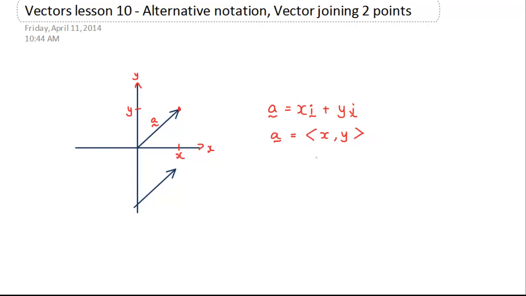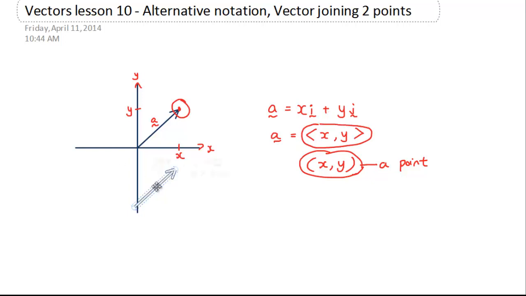Whereas if you put it in curly brackets, that represents a single point, which is that point there. But if you put it inside angle brackets, that represents that this vector is going from its starting point, which is over here right now, and it's going to move x units to the right horizontally, and it's going to move y units up vertically.